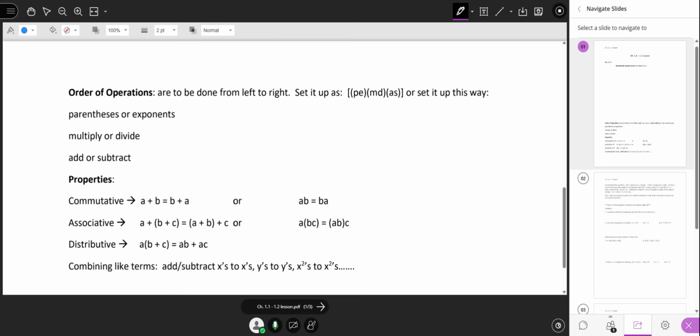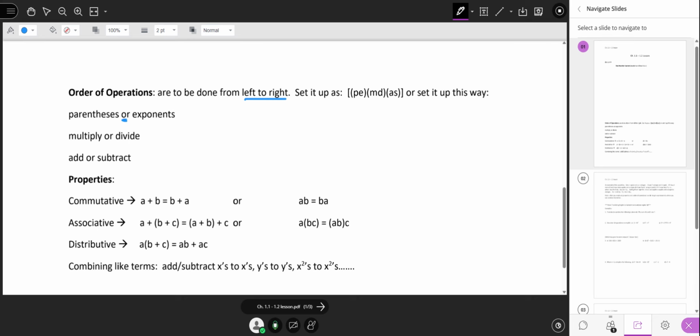Now, order of operations is always done from left to right. And I really don't like PEMDAS unless they organize it this way in groups of 2. But my favorite way of organizing the order of operations is this way.